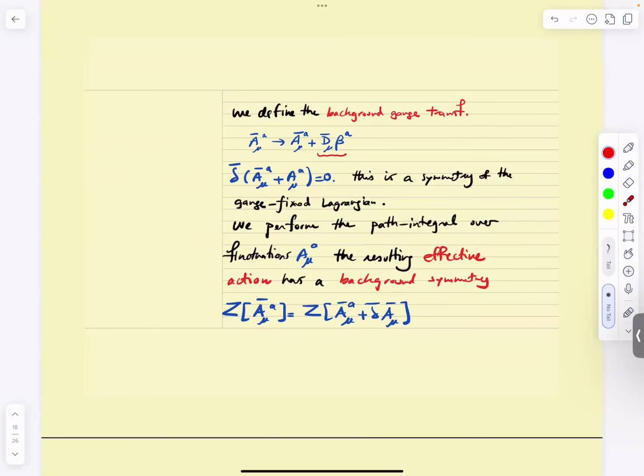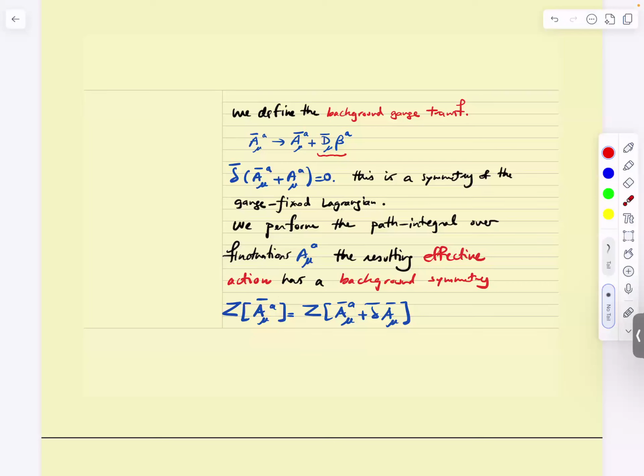Now, I said at the beginning that a background gauge field depends on the gauge. To introduce a background gauge field is not necessarily physical because there are still gauge transformations, right? So these are the background gauge transformations. The result of our path integral is going to be a partition function for the background gauge field.